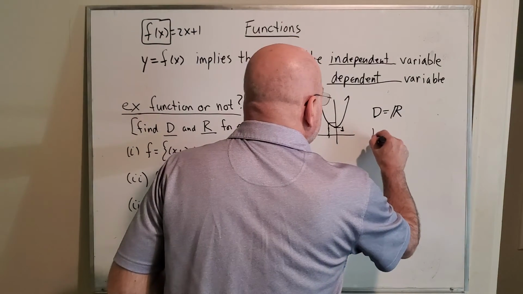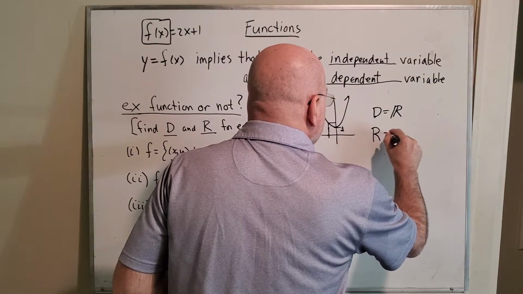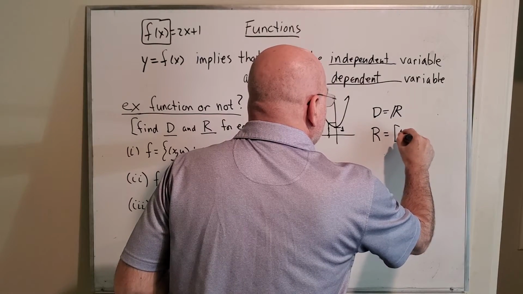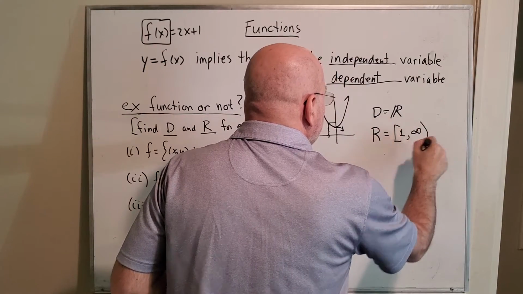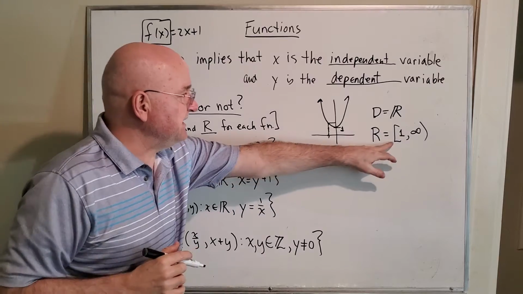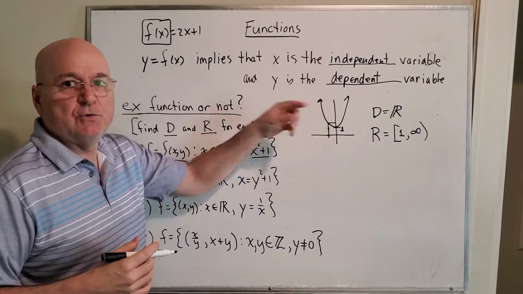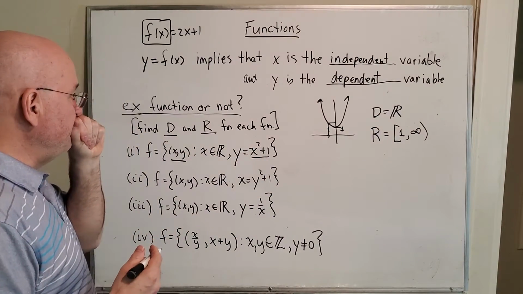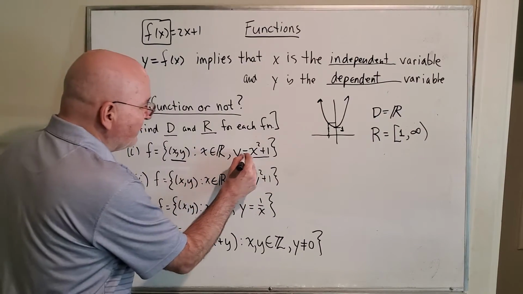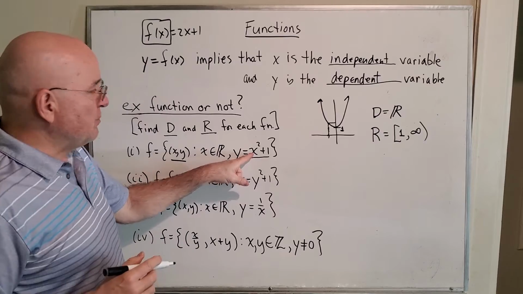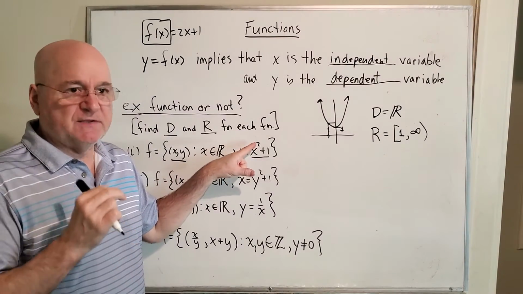So the range is the interval from 1 to infinity, with the interval being closed on the left-hand side because if you plug in a 0, you get a value of 1. Another way of looking at it is, if you're squaring a number, the smallest it could be is 0.